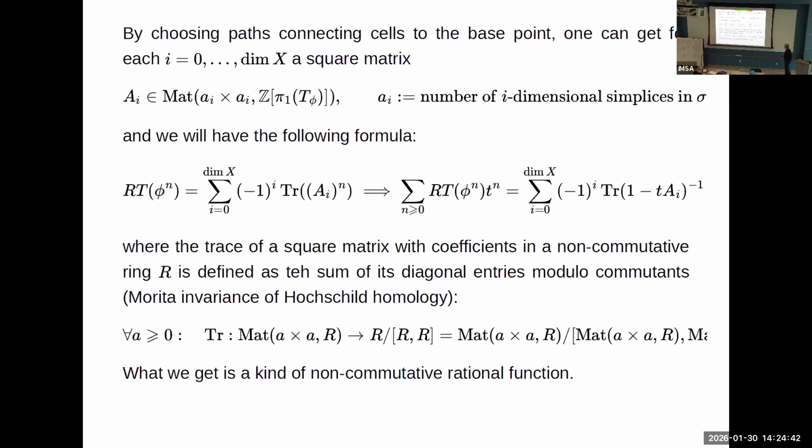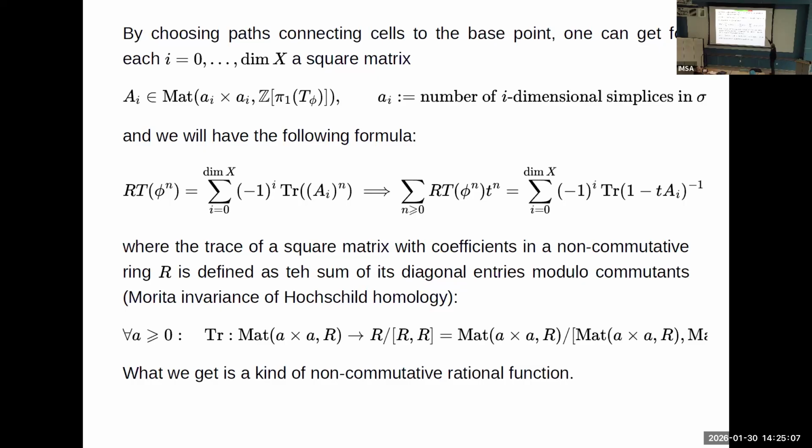And this is really a baby version of Morita invariance in Hochschild homology. You can see that the quotient of matrices with coefficients in a ring modulo commutators is isomorphic to the ring modulo commutators.